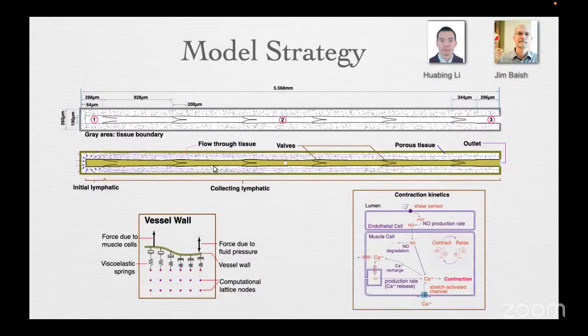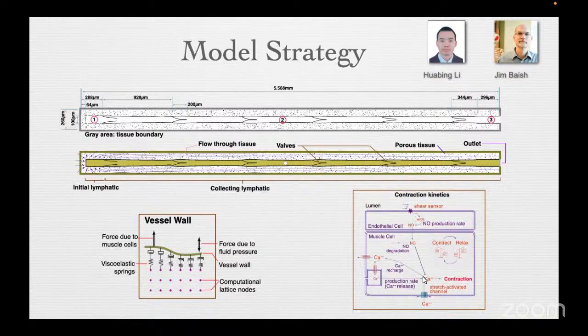This vessel wall can contract, and it's a mechanical wall with viscoelastic springs. The fluid can move the wall with forces, and the wall can move the fluid. And that force on the wall is determined by chemical kinetics of calcium and nitric oxide.